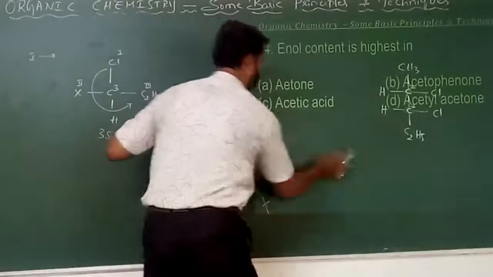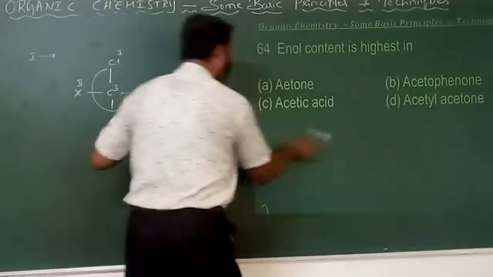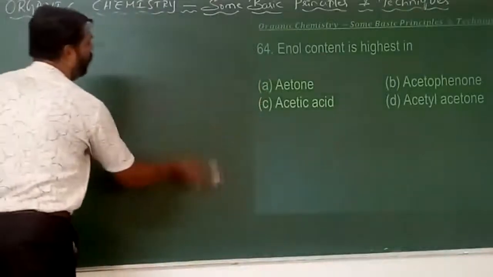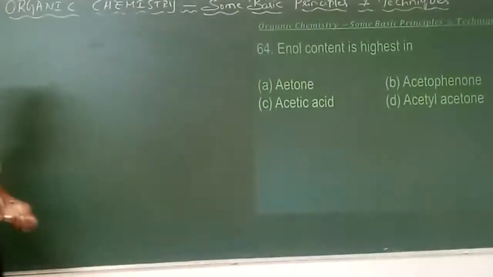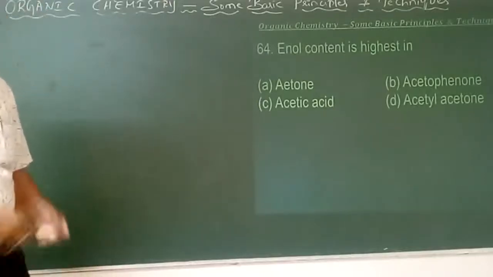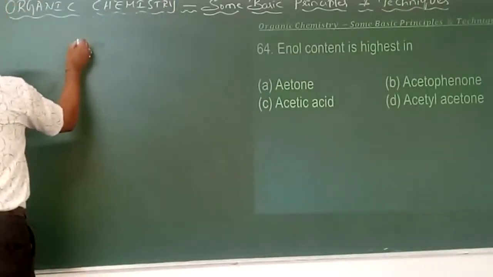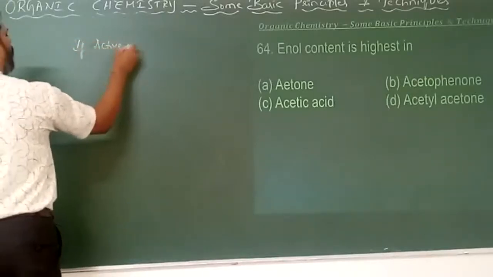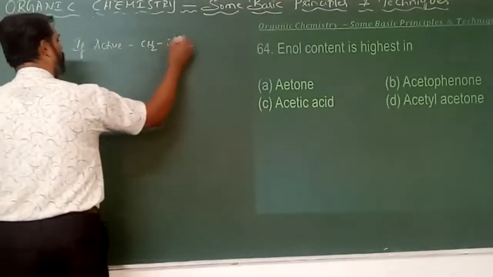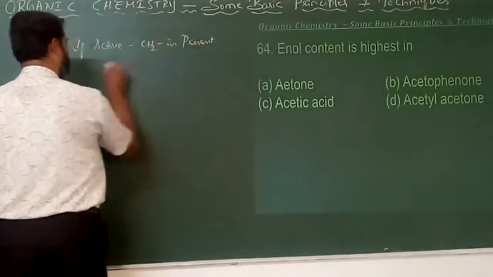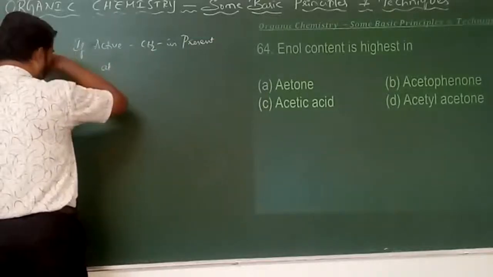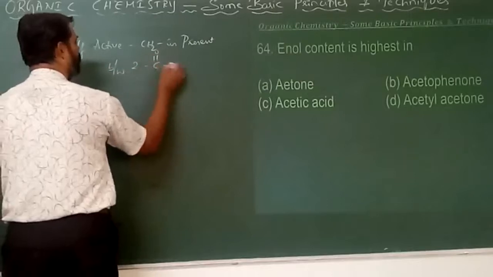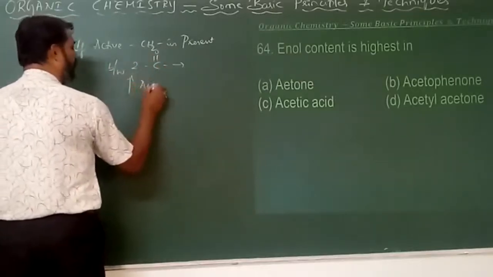Next, enol content is highest in where? As I've already mentioned, if the active methylene group is present between two CO groups, it is found to be more acidic.